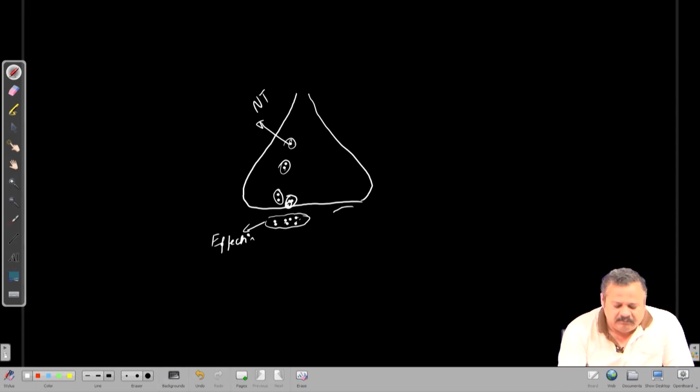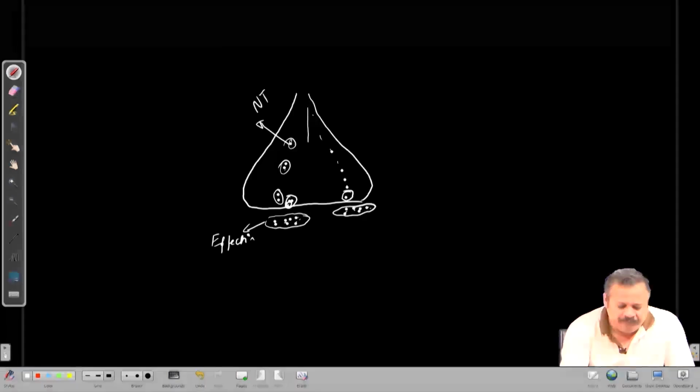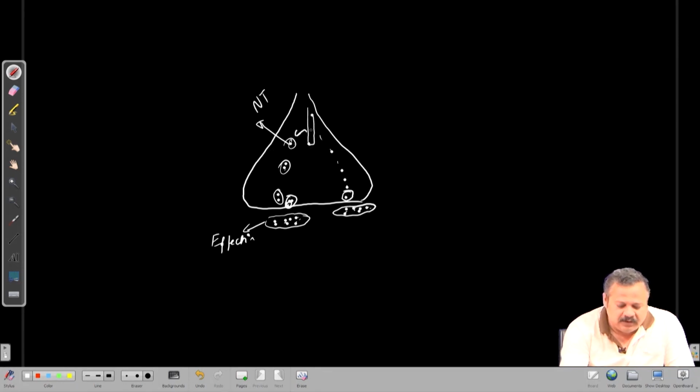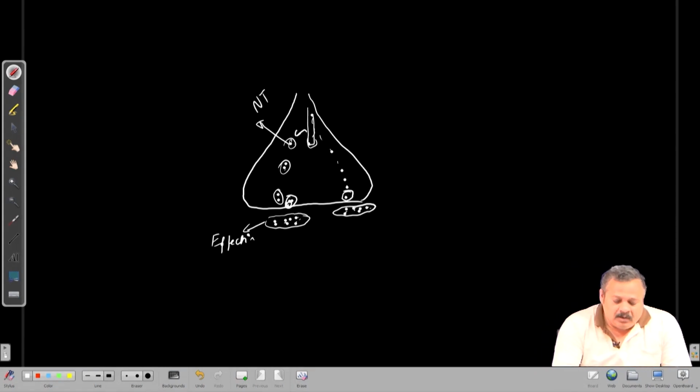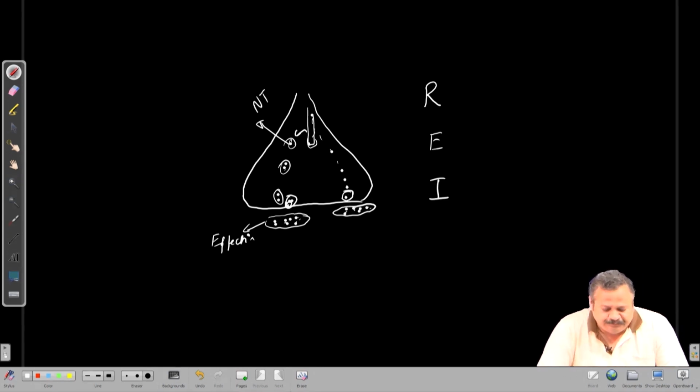and then there is some inactivated or ineffective pool that is not being used by the postsynaptic side, that is endocytosed and carried back into the endosome, and then we have new vesicles being packed with neurotransmitter. So essentially we had the three states: the recovered state, the effective state, and the ineffective or inactive state.